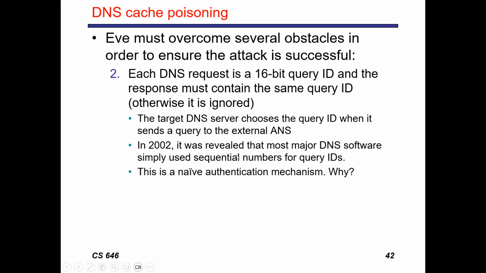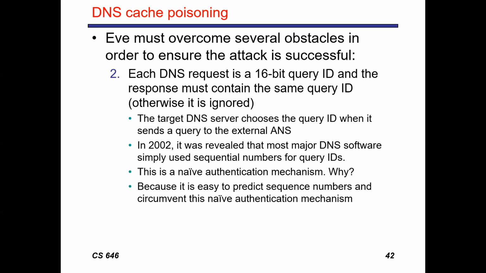Well, in 2002, it was revealed that major DNS software simply used sequential query IDs, which means that if the query ID starts with 1, 2, and so on, it basically goes in a sequence. And then it becomes easy for the attacker to guess what the query ID will be by sending multiple queries. Now, this is a naive authentication mechanism.